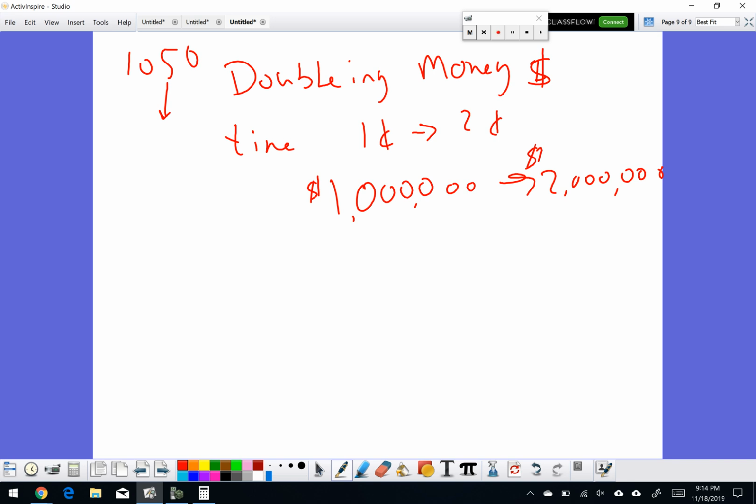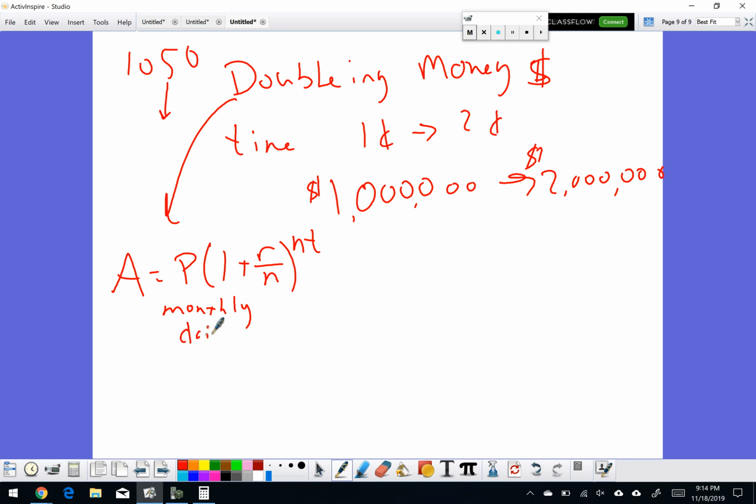So remember, we already had those formulas for compound interest. Notice this is where money usually comes in as compound interest. So once again, this was A equals P(1 + r/n)^(nt). And remember, this is if it's compounding monthly, daily, quarterly.